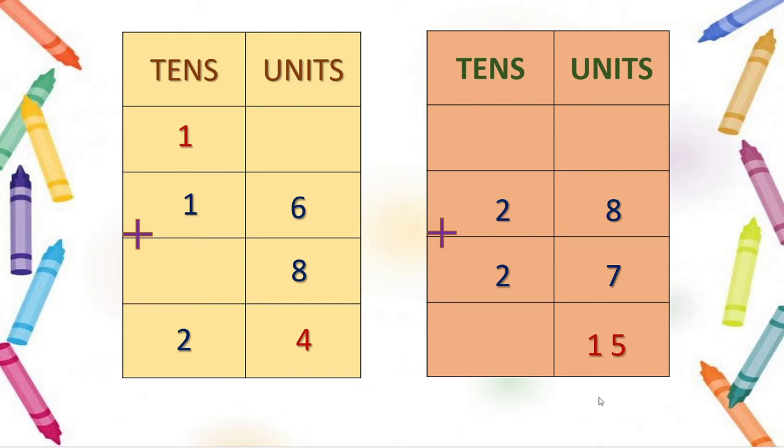And now what is the next step? 5 will remain here and 1 is carried over to the tens place because 1 is in the tens place. Isn't it? Okay. Now 1 plus 2 plus 2. How much? Very nice. 5. So our answer is 5 tens, 5 units. 55. Correct? Very good.